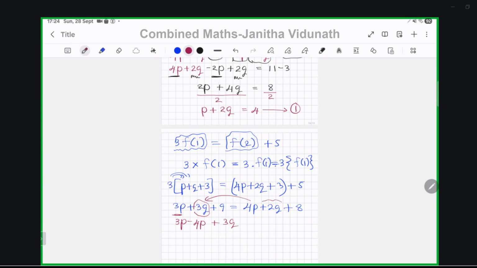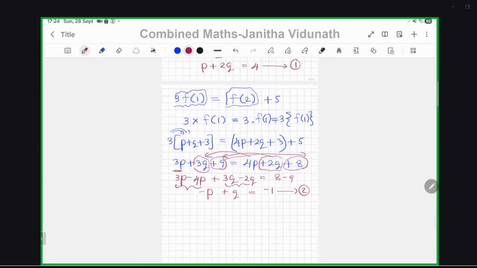This plus 2q moves to the left hand side, giving minus 2q. We have 8 remaining on the right hand side, and we move the constant term there, giving minus 9. Simplifying gives minus p plus q is equal to minus 1, since 8 minus 9 is minus 1. This is the second equation.